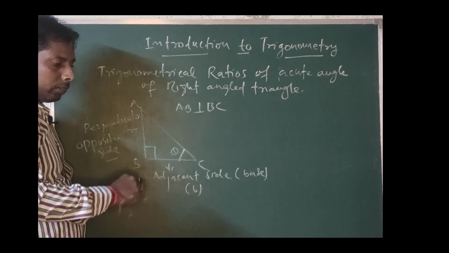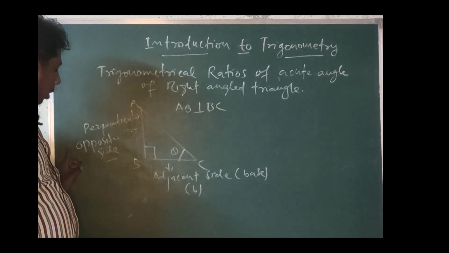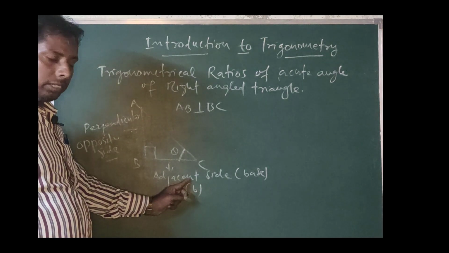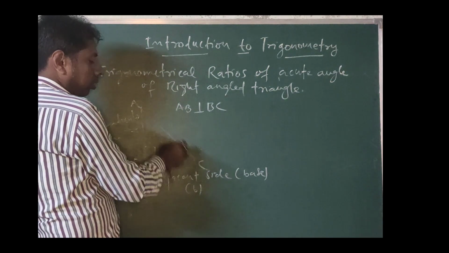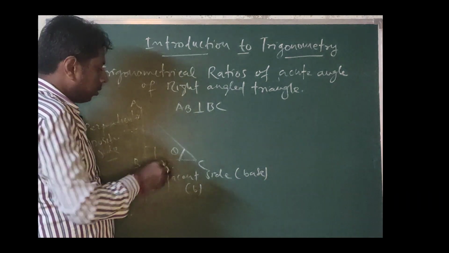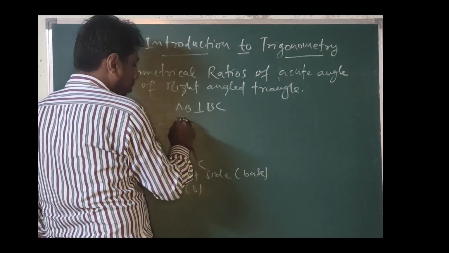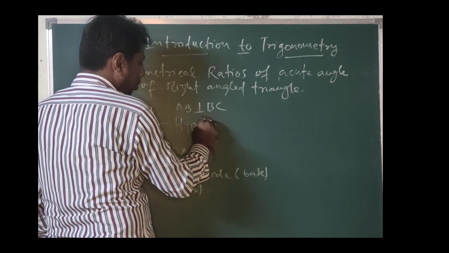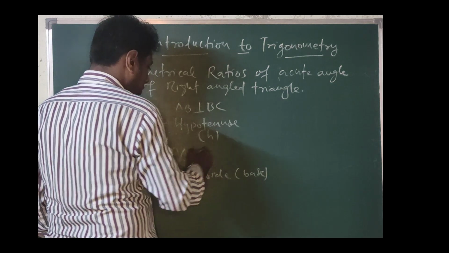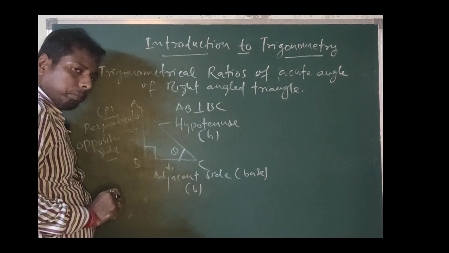As we all know that there are three sides of the triangle, so the third side, which is very large, is known as the hypotenuse, and it is indicated by a small h. The opposite side, the perpendicular, is indicated by small p.